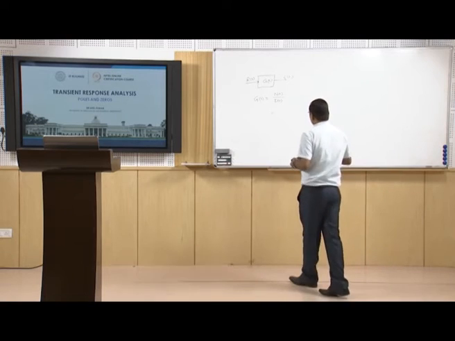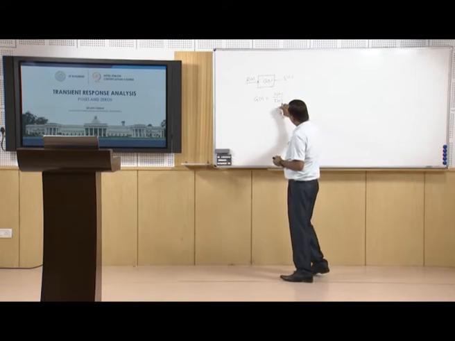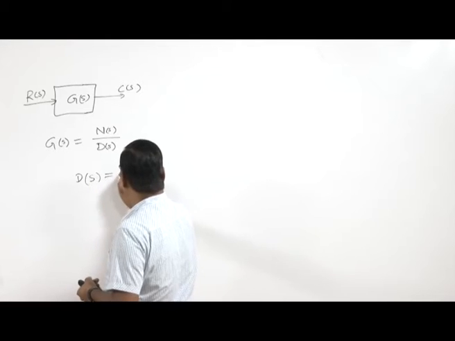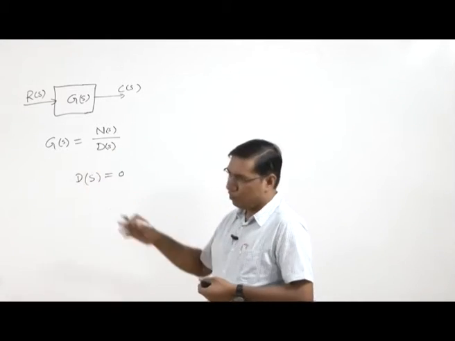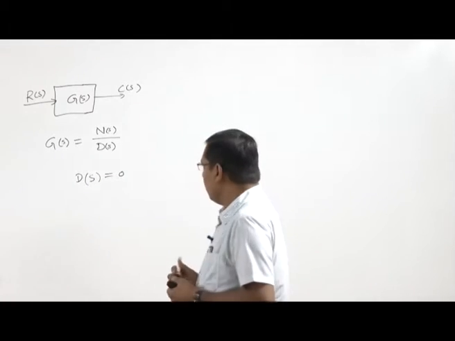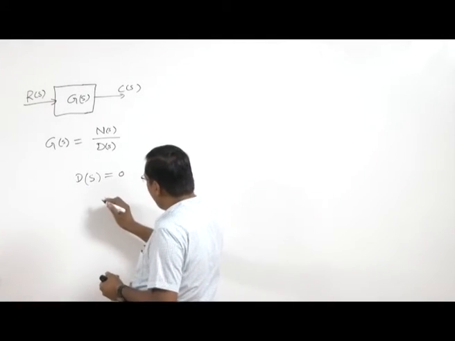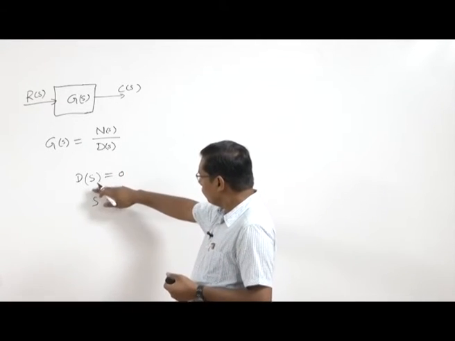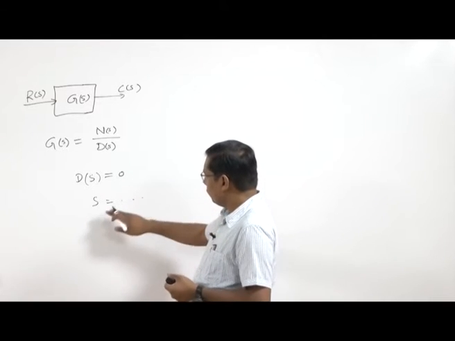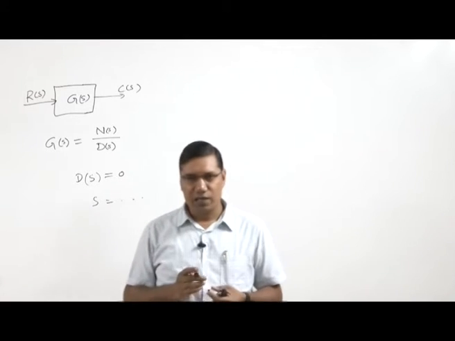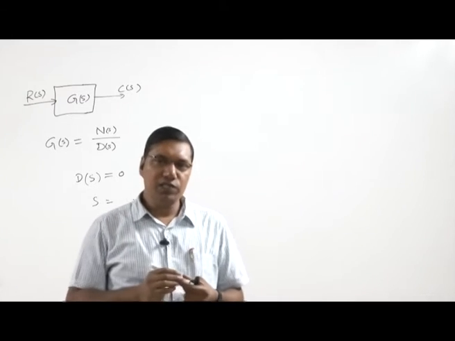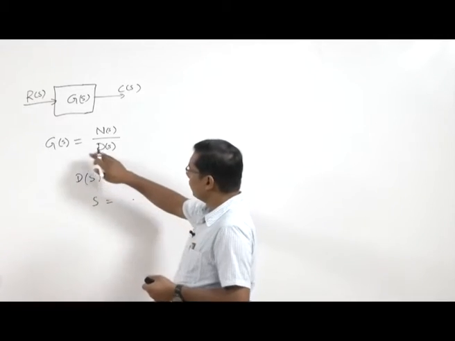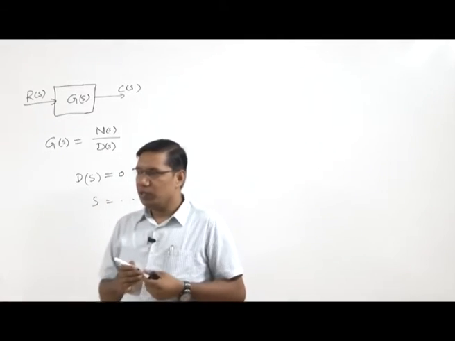If we put D(s) equal to 0, this will make the transfer function infinite, and D(s) equal to 0 will give the values of s. So, the roots of the equation D(s) equal to 0 are the poles, because these values will make D(s) equal to 0 and so the transfer function infinite.